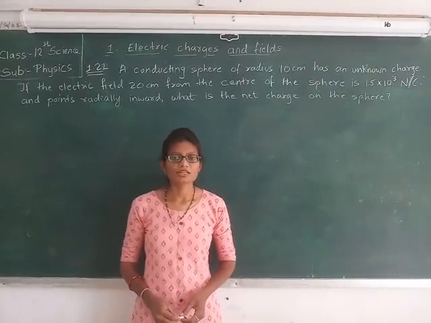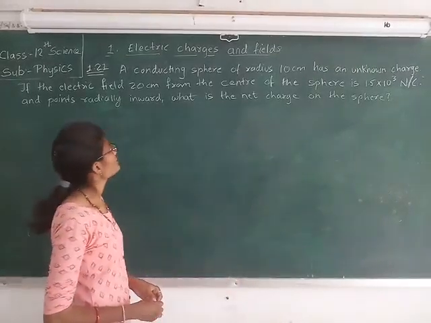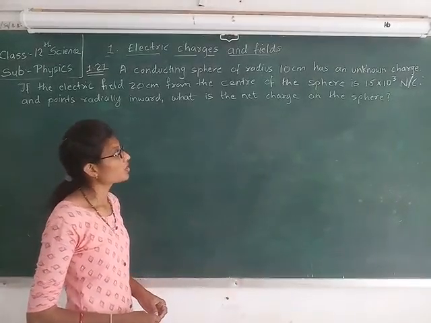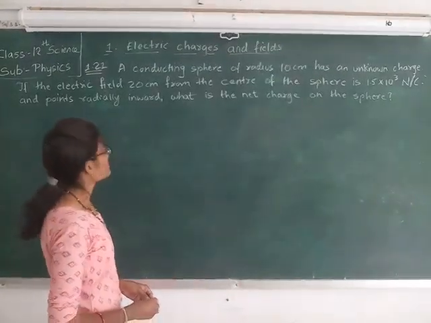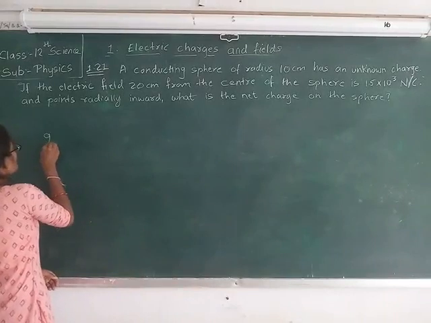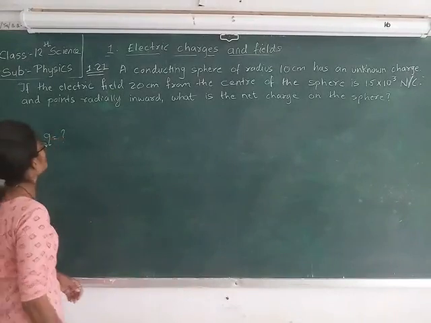Now let us solve numerical number 21. A conducting sphere of radius 10 cm has an unknown charge. That means the charge on the sphere is unknown.